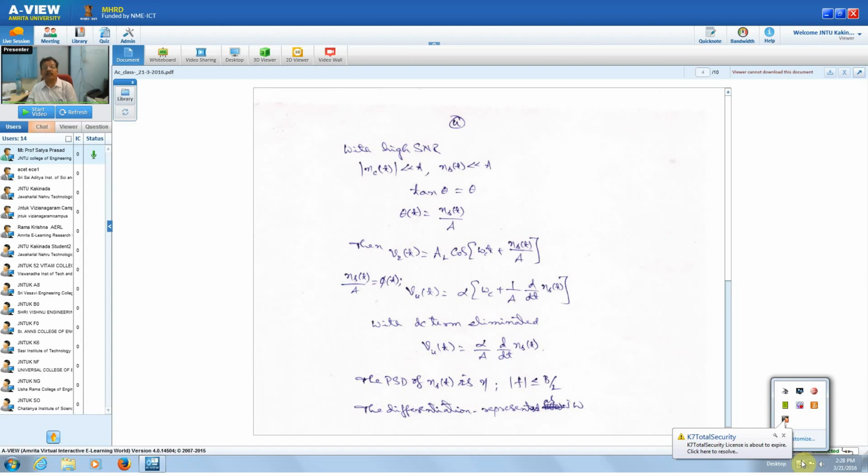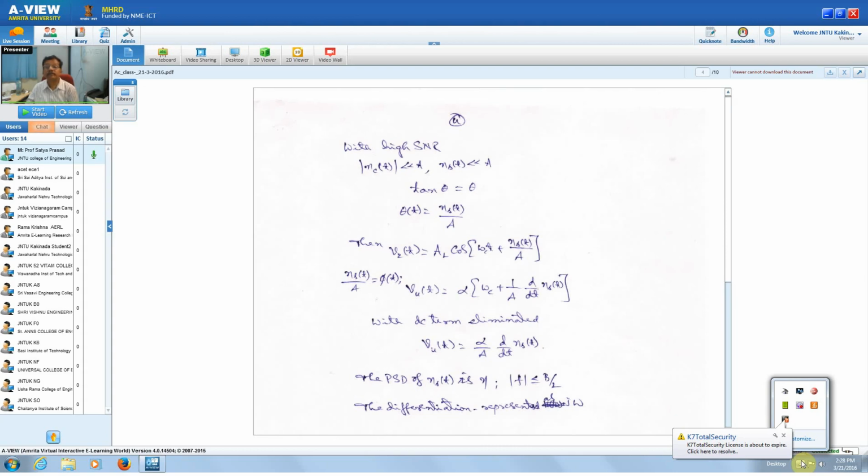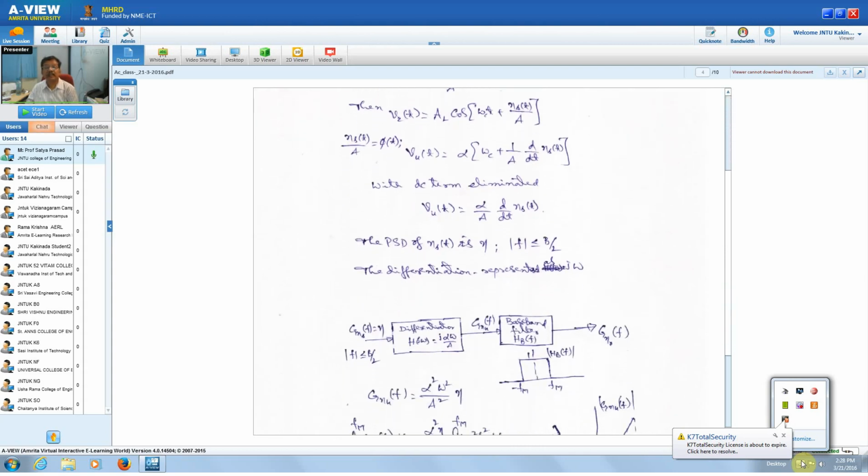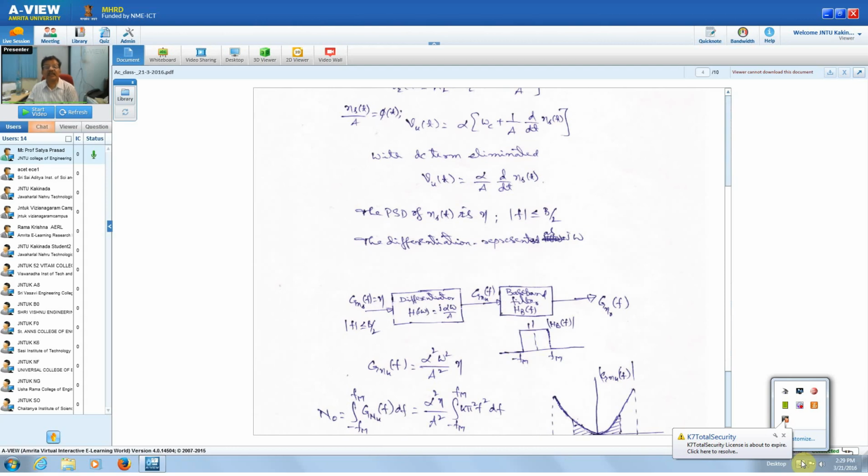So this is the noise voltage that we are going to have, with its power spectral density. The power spectral density that we are going to have is eta for this ns of t. In the last class we have seen that nc of t and ns of t, with the spectrum being limited to B by 2, have power spectral density eta.